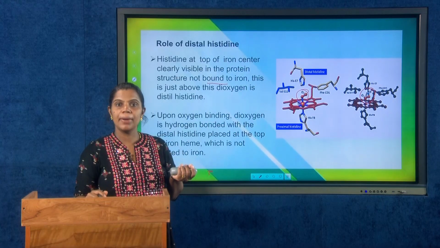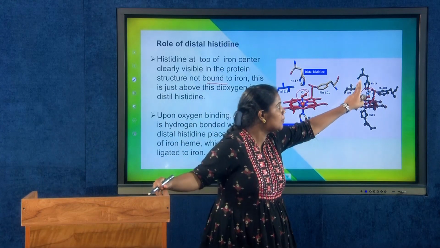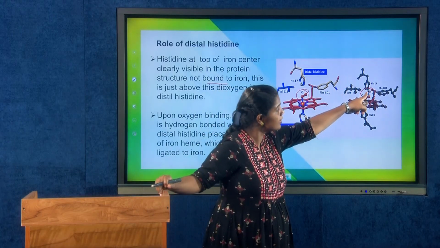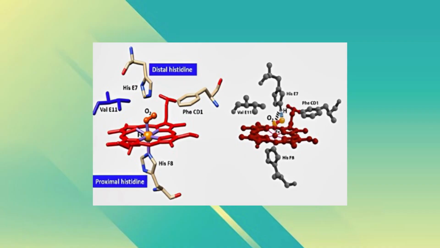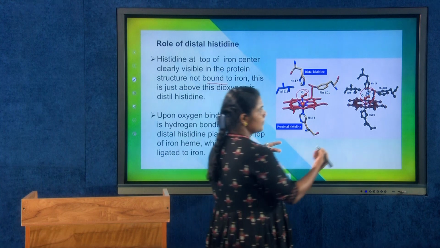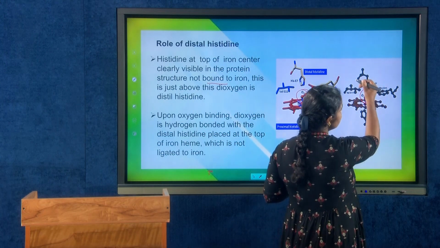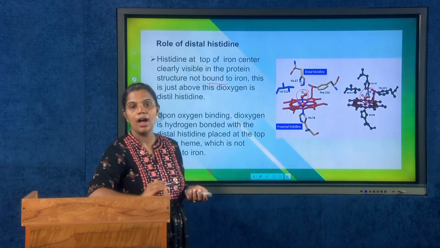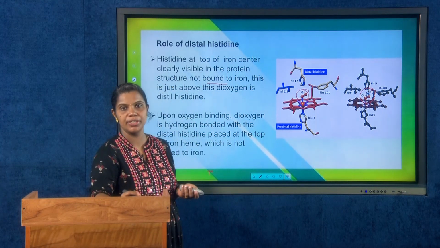It is actually the hydrogen bonding that is occurring between the dioxygen and the distal histidine, and not between the distal histidine and the Fe2+. So, with oxygen, this distal histidine will form a hydrogen bond after the oxygenation.